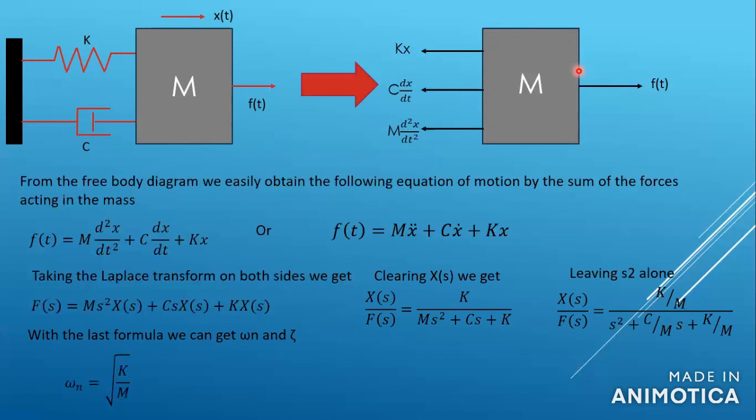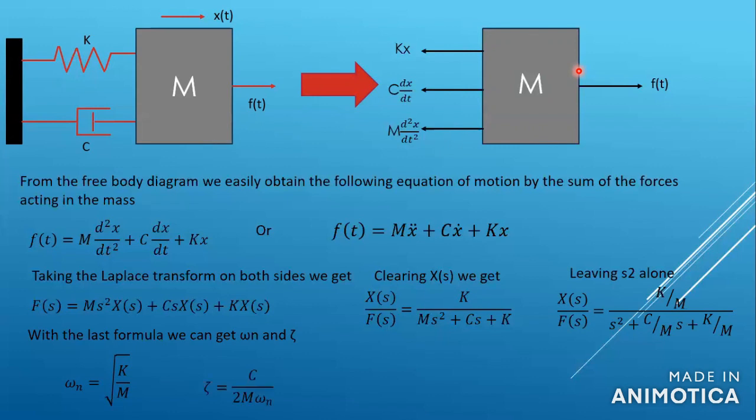Now with the last formula, leaving s squared alone, we can get the angular frequency and the damping ratio. The omega n, the angular frequency, is always the square root of the numerator of the Laplace transform. Or if you want to say it a different way, omega n squared is equal to the numerator of the Laplace transform. So omega n is equal to the square root of k over m.